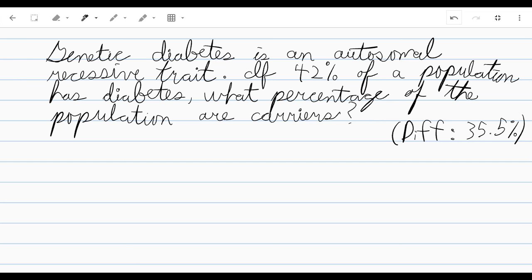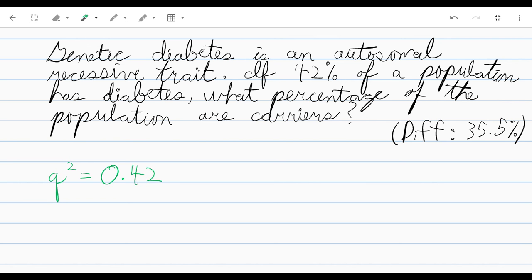The big mistake that I think people make in this question is the percentage to probability conversion, because that's going to immediately throw your numbers off. We are told that 42% of the population has genetic diabetes. It's an autosomal recessive trait, which means q squared corresponds to it, but it is not 42 for q squared. q squared is equal to 0.42.